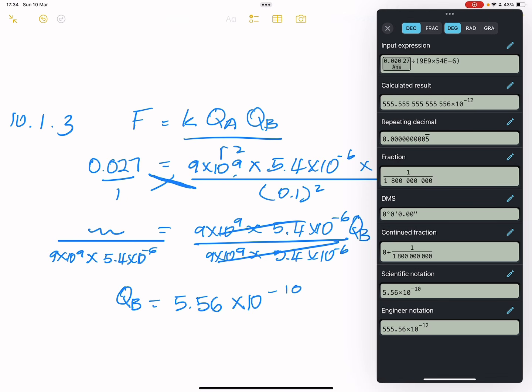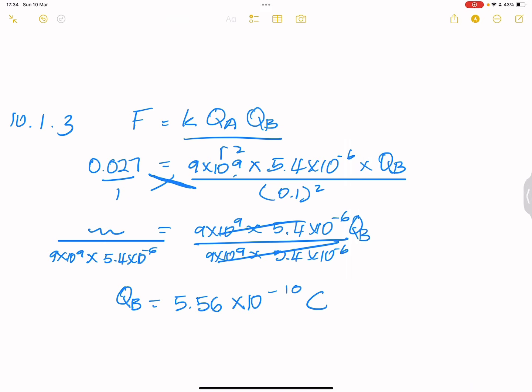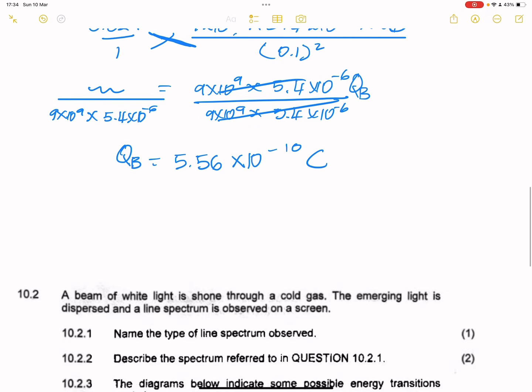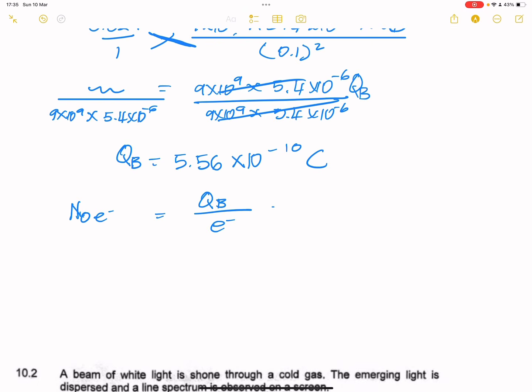I'm looking at that scientific notation so that our answer is not confusing. This is the charge in coulombs for the number of electrons that have been ejected. But remember, how do we get electrons that are ejected? To calculate the number of electrons, from electrostatics, we know that it is the charge of B divided by the unit charge of an electron.